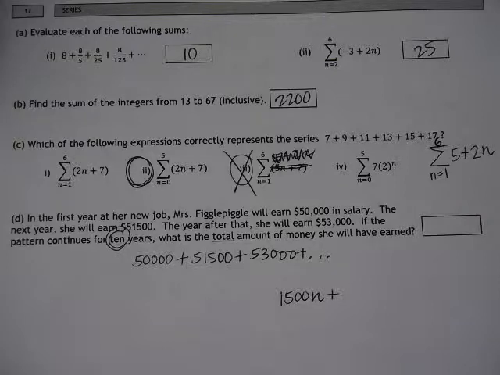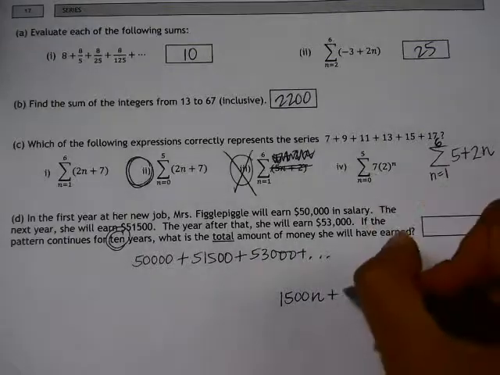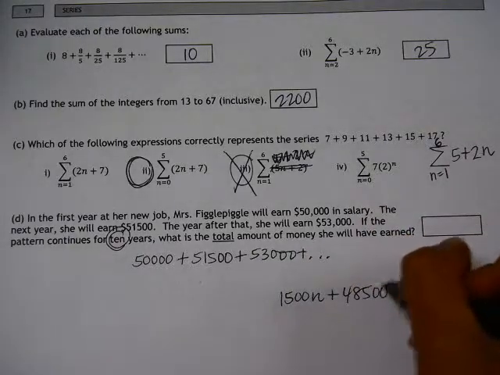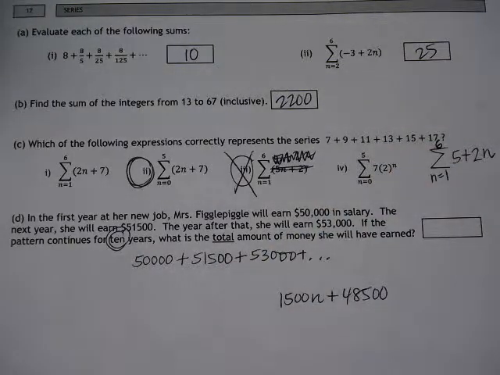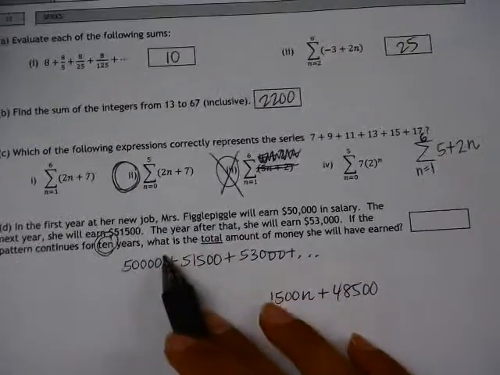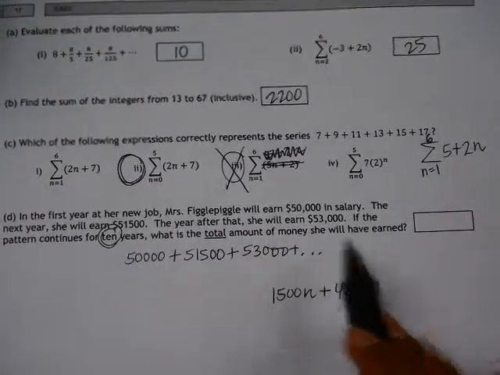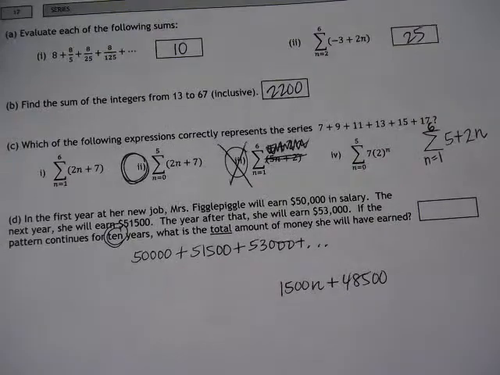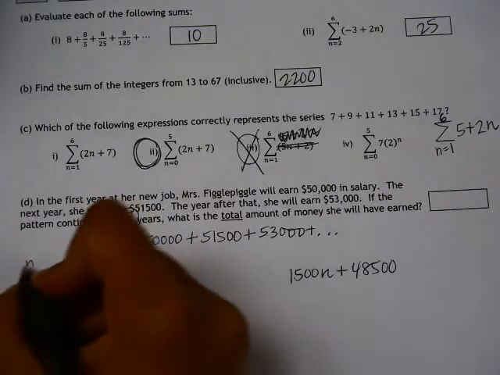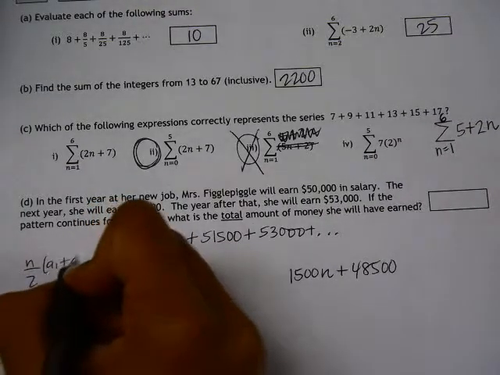So 50,000 minus 1,500 would be 48,500 as our initial value. And in order to find the sum of this series, I need to use my arithmetic series sum formula. So that's n over 2 times a sub 1 plus a sub n.